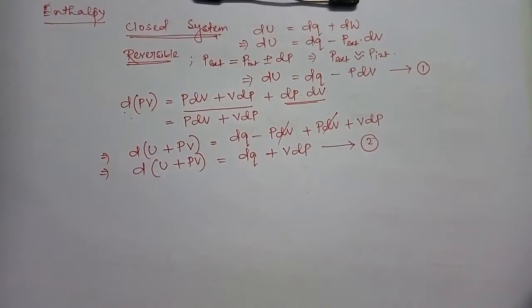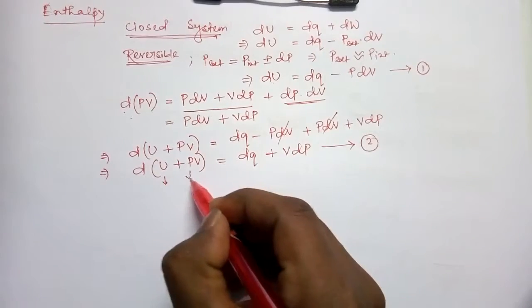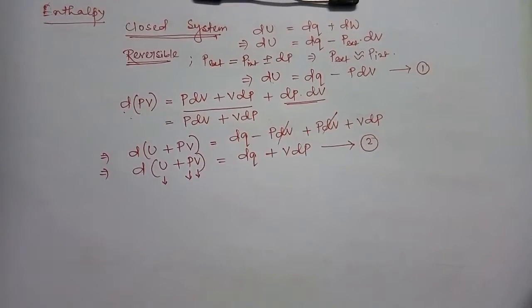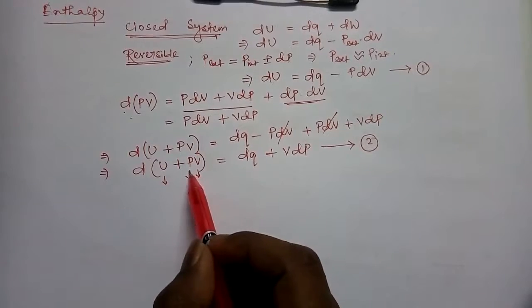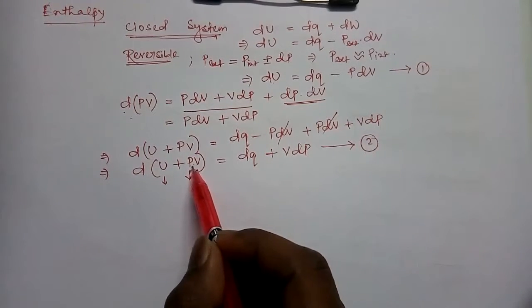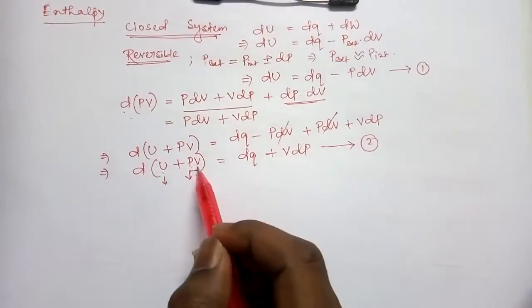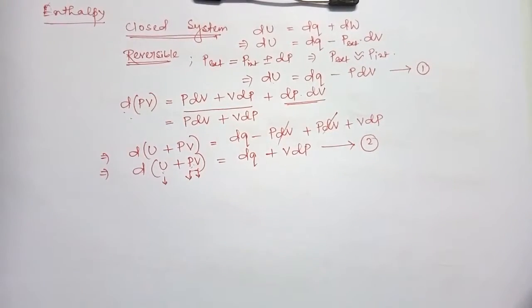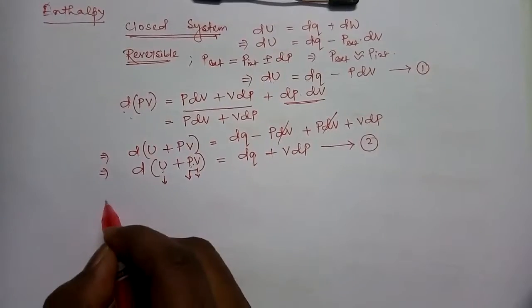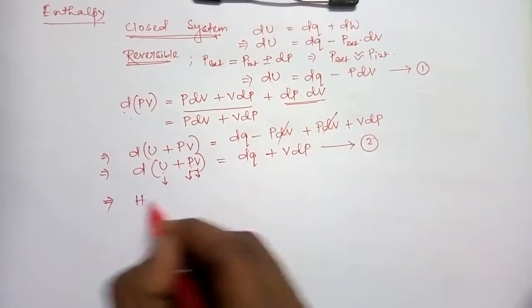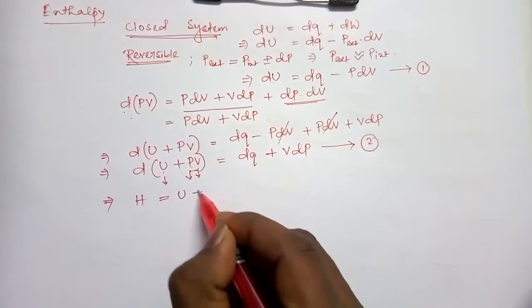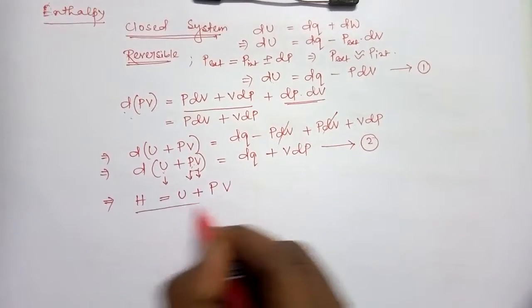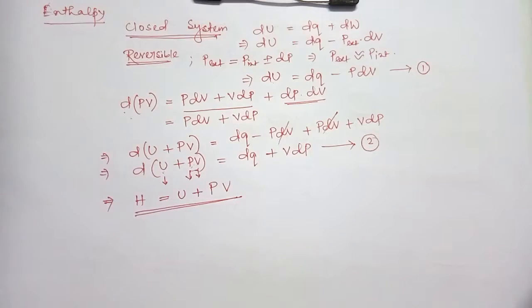So now we are defining a new state function. How? We know that U is a state function, P is a state function, V is a state function. So definitely the multiplication PV will be a state function, and if we add a state function with another state function, this will result in another state function. So the state function H is a new function which is defined as U plus PV. Right?